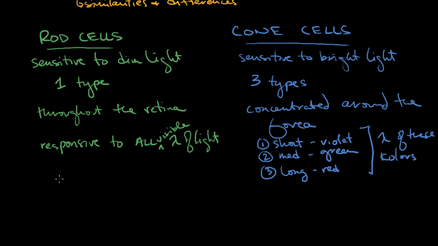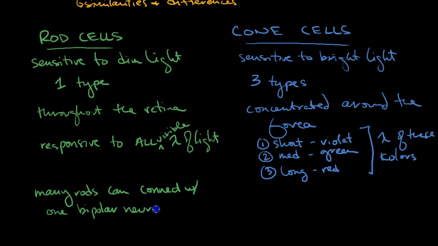Another thing here is that many rods can connect with one bipolar neuron, whereas cones, let's say one cone connects to one bipolar neuron.